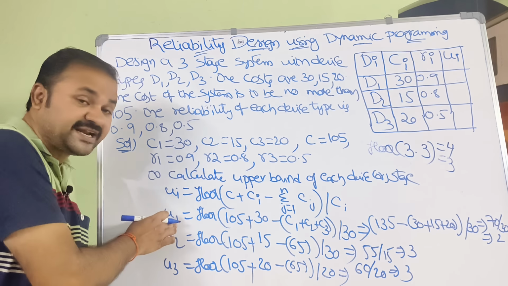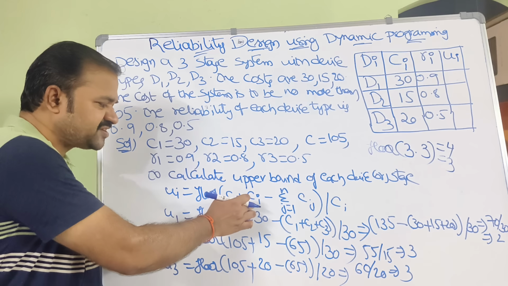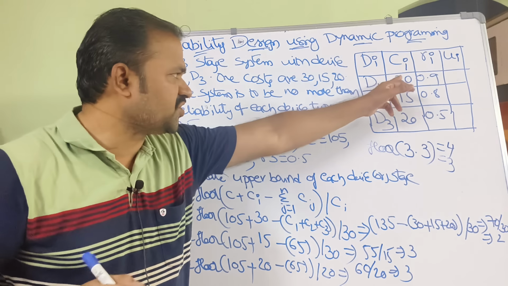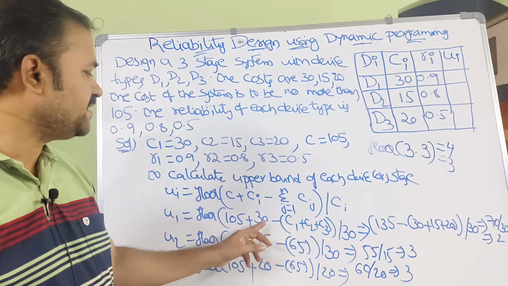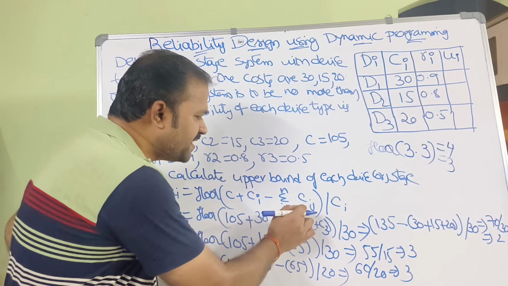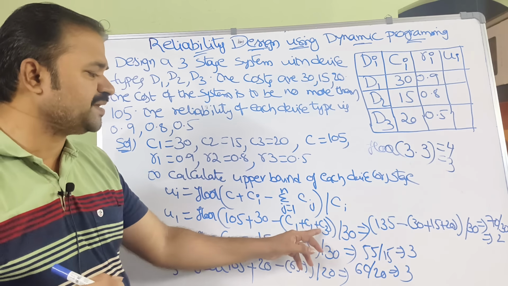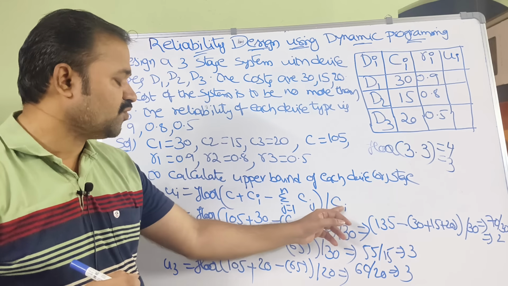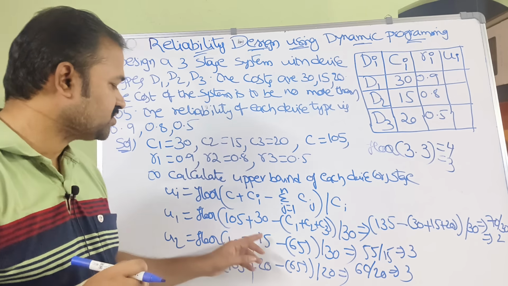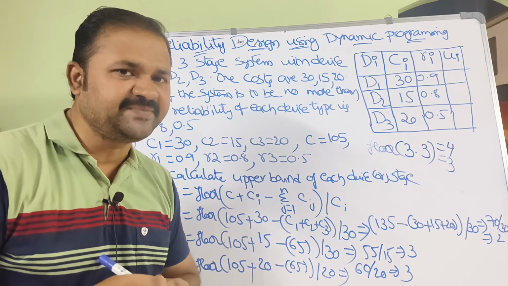First we are calculating for the first device. The cost of the first device is 30. So 105 plus 30 minus the summation of C1, C2, C3, divided by the cost of the first device, 30. 105 plus 30 means 135.